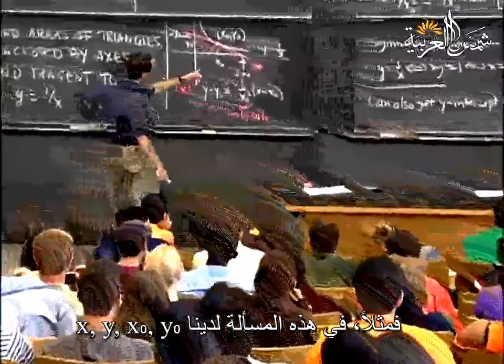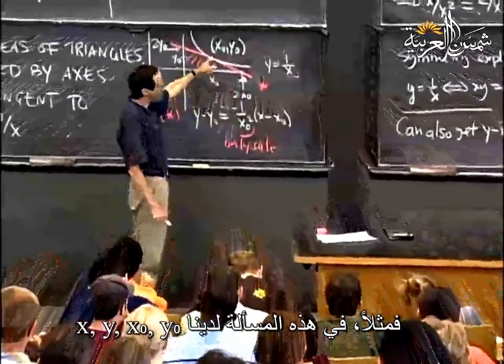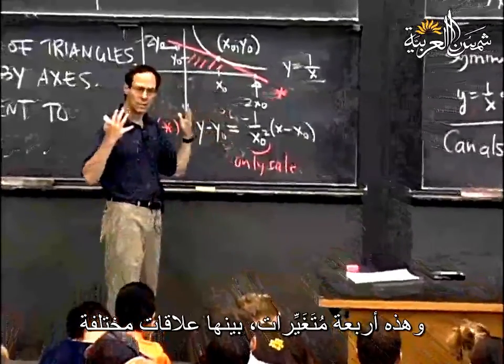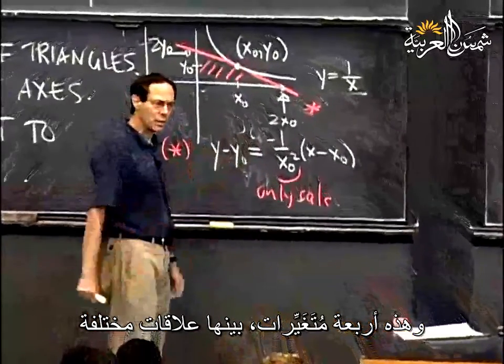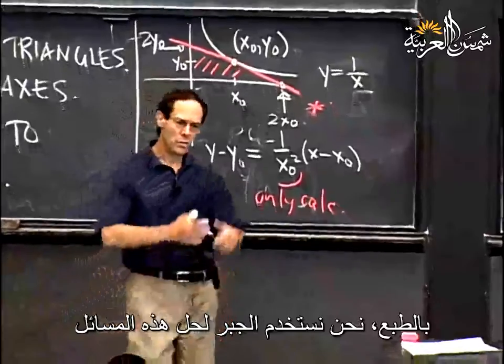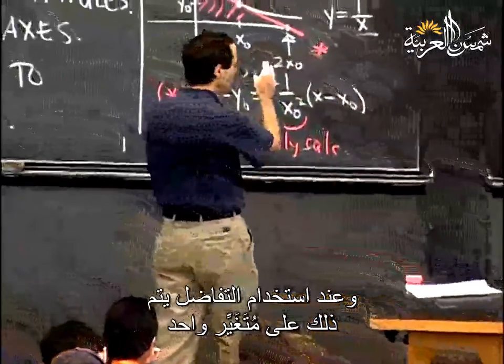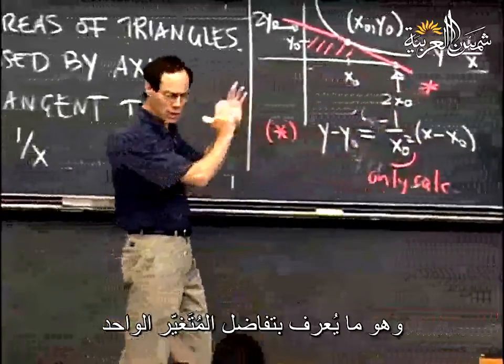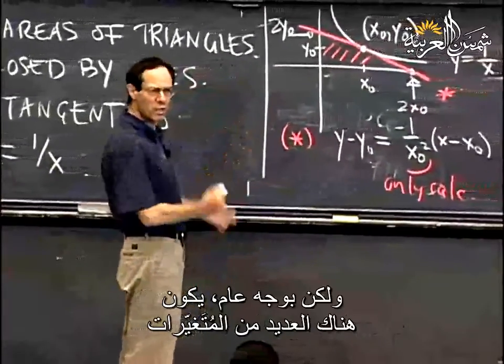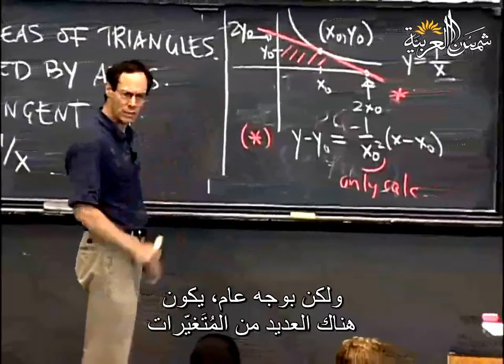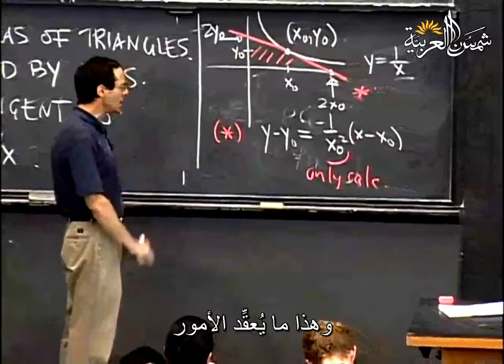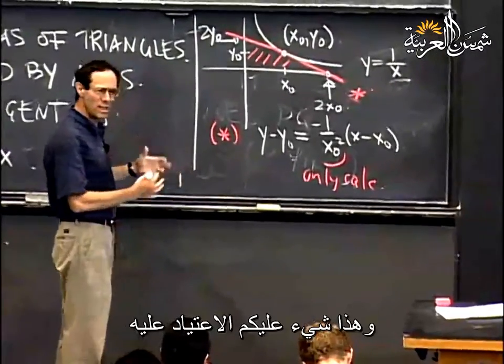In this problem, I had an x, a y, an x0, and a y0. That's already 4 different things. They have various interrelationships between them. Of course, the manipulations we do with them are algebraic, and when we're doing the derivatives, we just consider what's known as one variable calculus, but really there are millions of variables floating around, potentially. That's what makes things complicated, and that's something that you have to get used to.